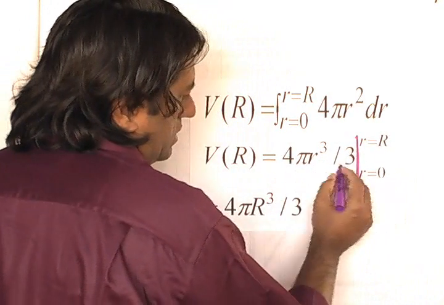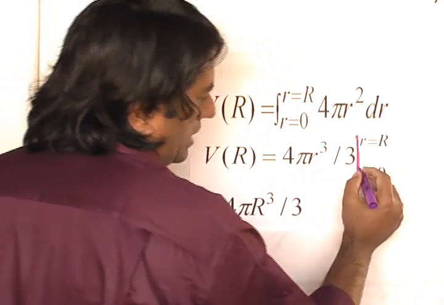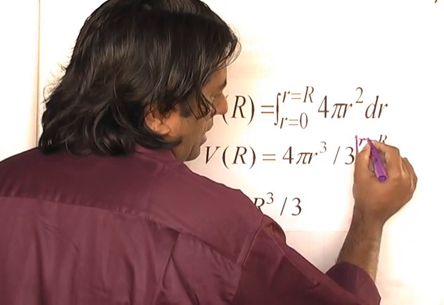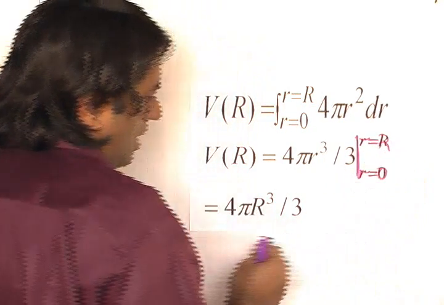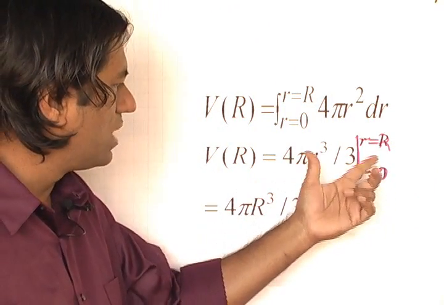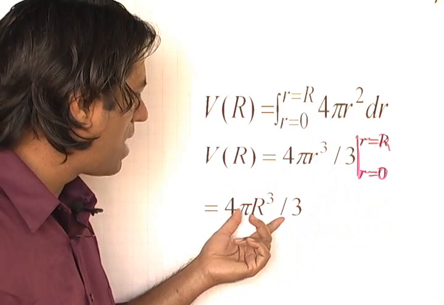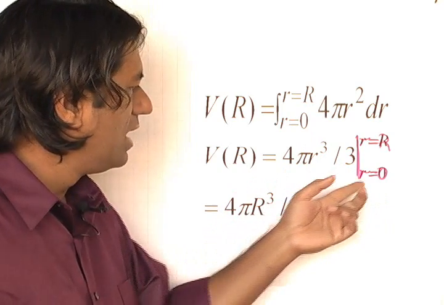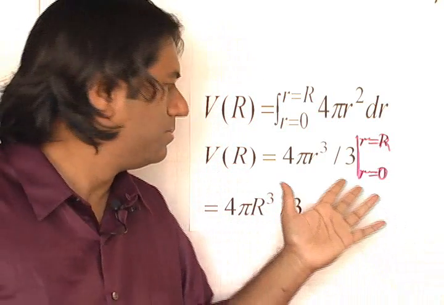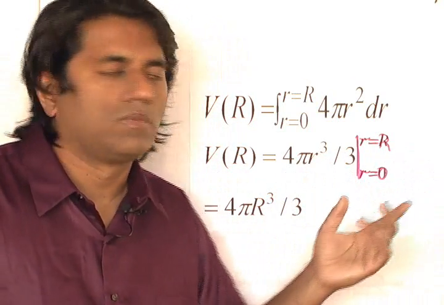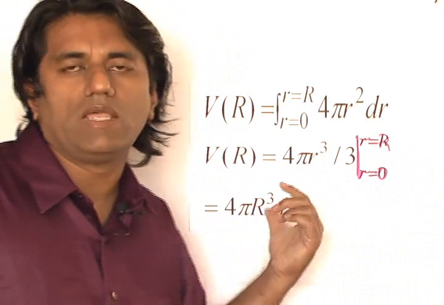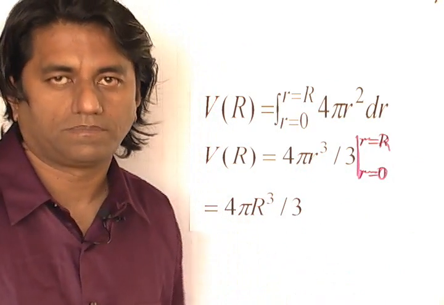You write first the closed form solution, and then you say r equal to 0 to r equal to capital R. At r equal to capital R, you get 4 pi r cubed by 3, and at r equal to 0, you get 0. So this becomes 4 pi r cubed by 3, which is the volume of a sphere.